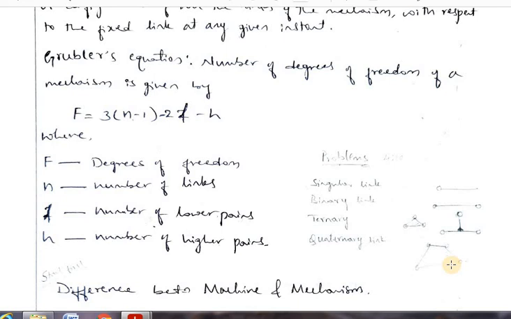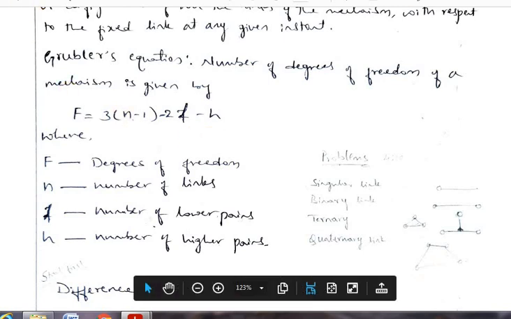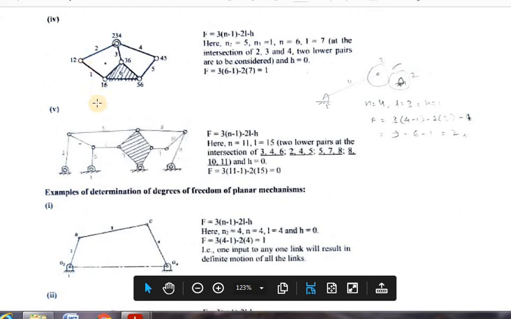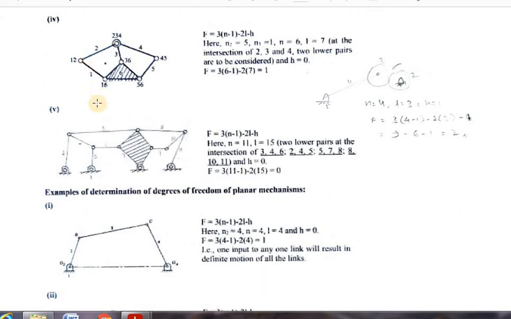Let us see a few problems on Grubler's equation for finding the degrees of freedom. First let us take this simple example. This is a mechanism, and we have to find the degree of freedom for this mechanism. The equation is F is equal to 3 into (n minus 1) minus 2L minus h.